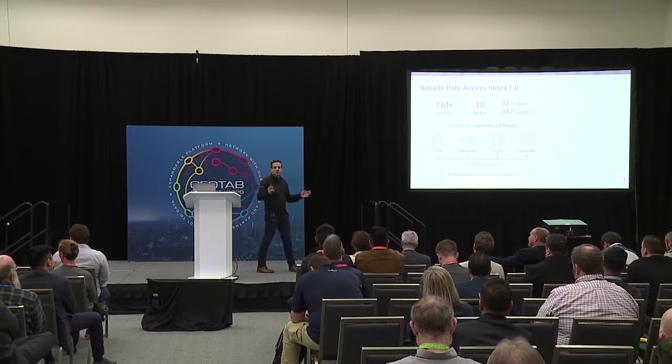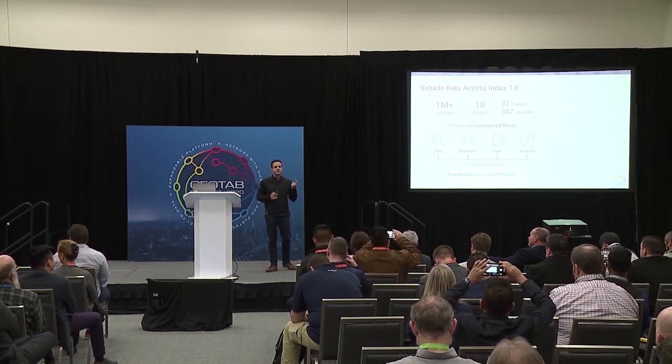And what we've done is we've focused, again, there is a bias to this data because it is focused on commercial fleets. So I just want to make sure everybody is clear that it's only commercial fleets we're talking about here. We started off with some basic parameters: access to VIN, access to odo, access to fuel, access to seatbelt. We're going to go beyond that, but we felt that these were the 4 basic parameters that we needed to look at from an accessibility perspective.